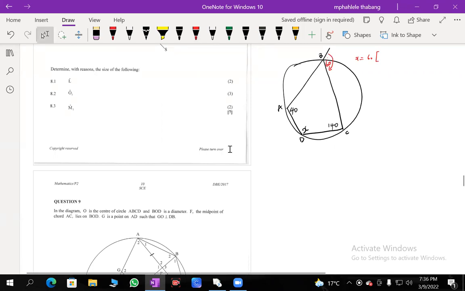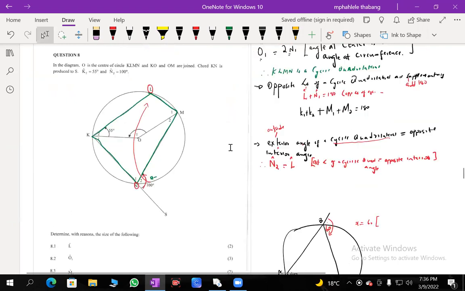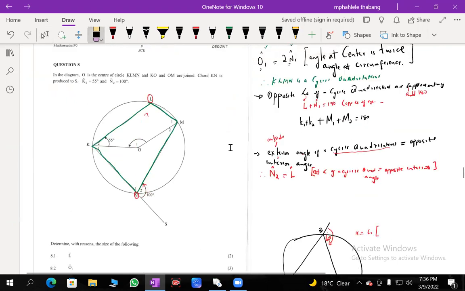So in this case, we know that angle N2 equals angle L. The exterior equals the opposite interior. So we applied the theorem of a cyclic quad.